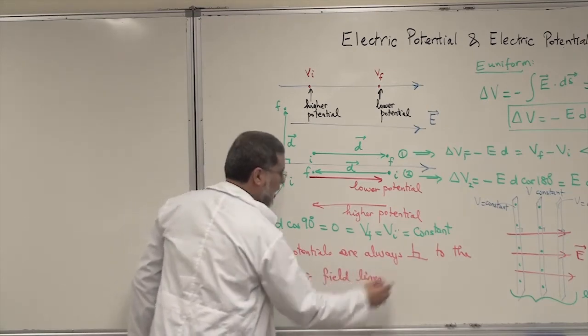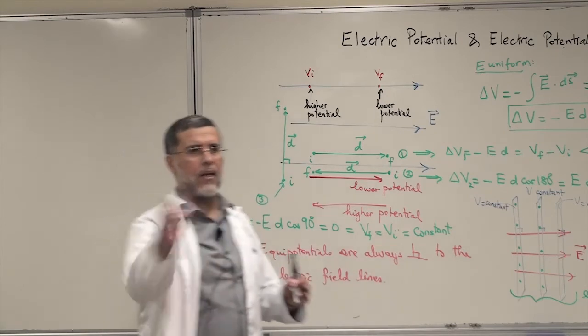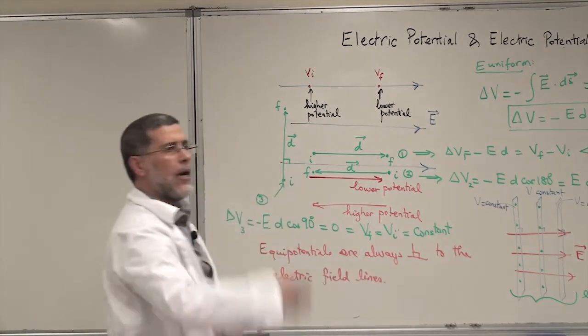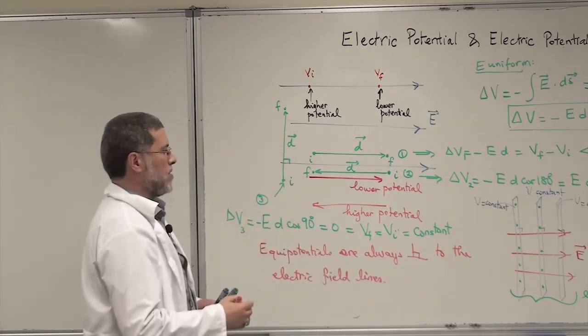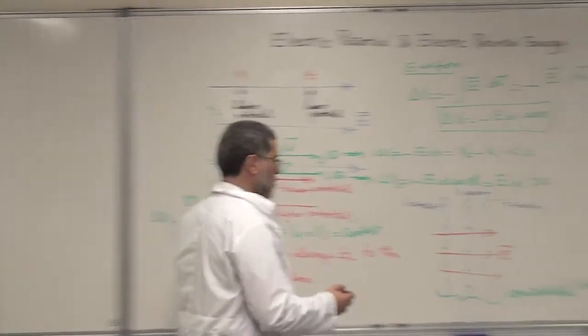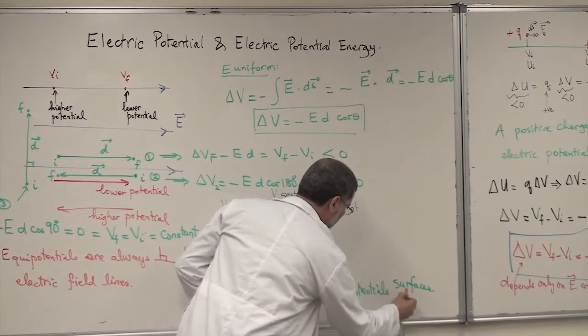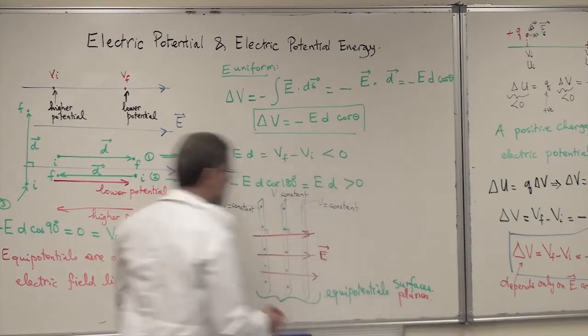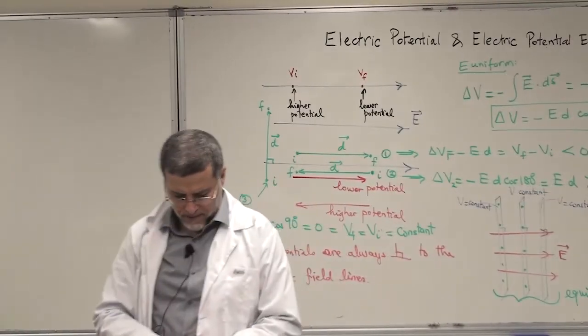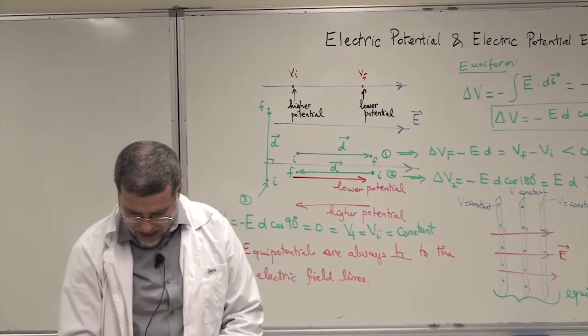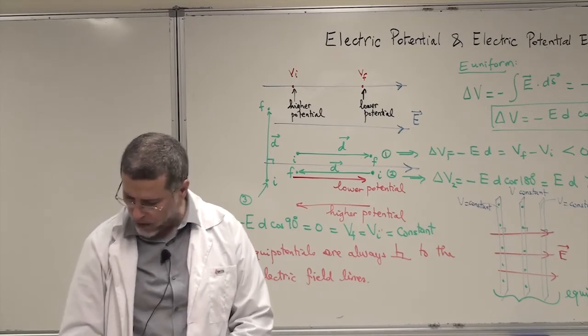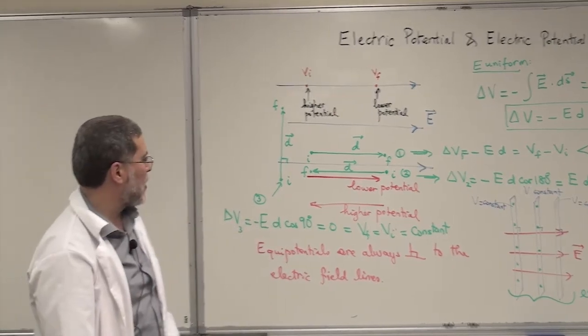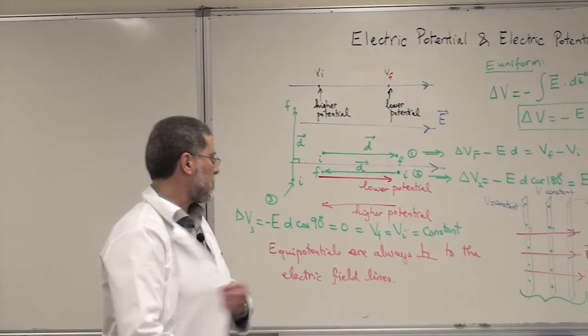Here, the electric field lines are parallel lines, so the equipotentials have to be parallel planes or surfaces, the same thing. Now, be careful: along that plane, the potential is constant.